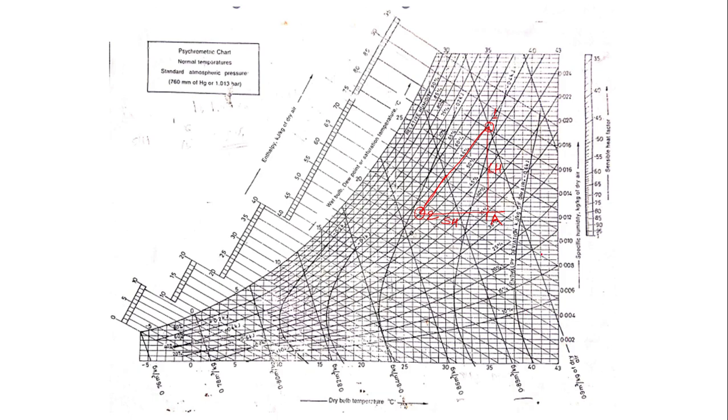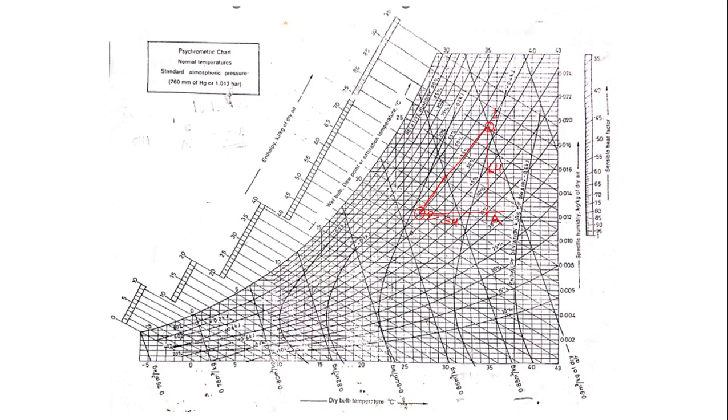So if you see over here, these slant dark lines are for the specific volume. You see the unit over here, it is 0.9 meter cube per kg, 0.88 meter cube per kg. So these are nothing but the specific volume lines. With respect to the inlet condition of infiltrated air, that is point number 1.